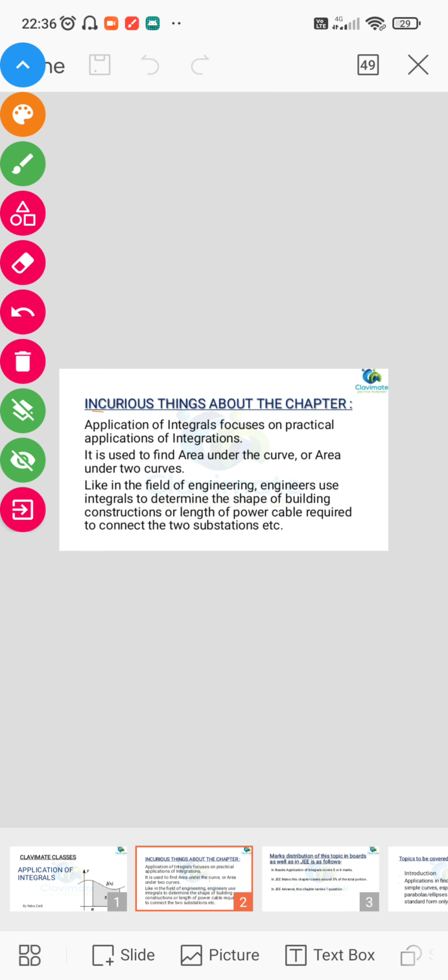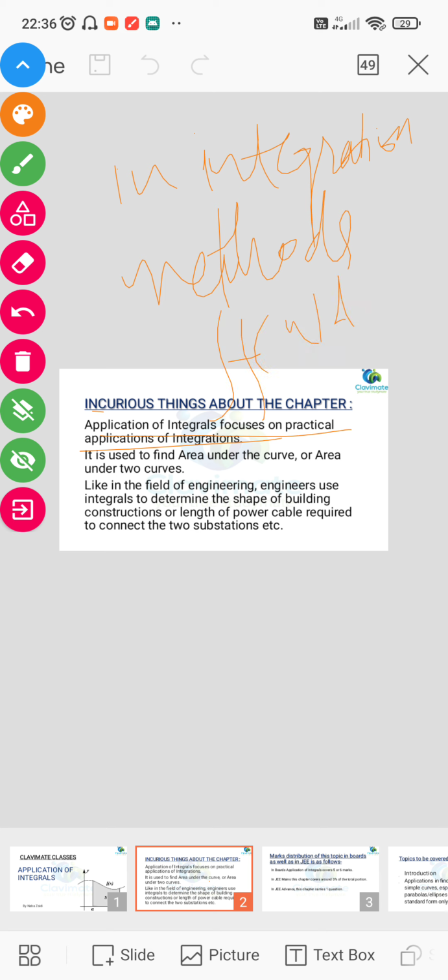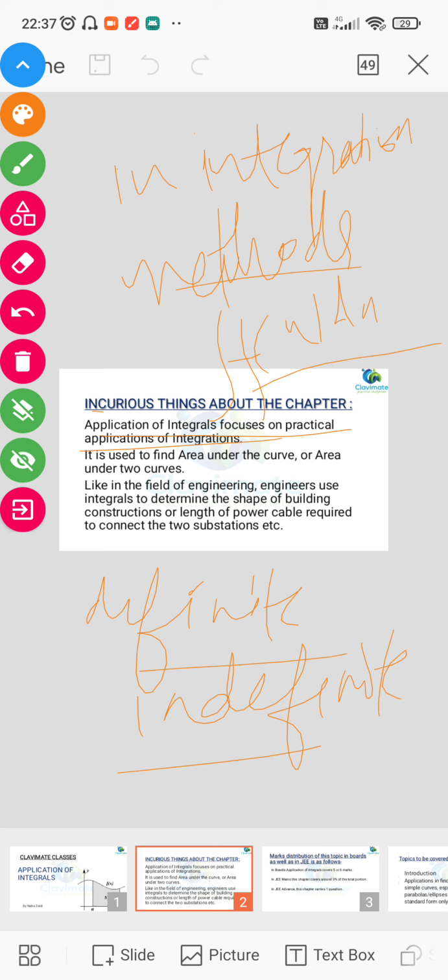Application of integrals focuses on the practical application of integration. In integration we have studied all the formulas, methods, and identities to solve integrals. Also we have studied definite and indefinite integrals. So now in this chapter we study applications of integrals, like how we use integrals in daily life.